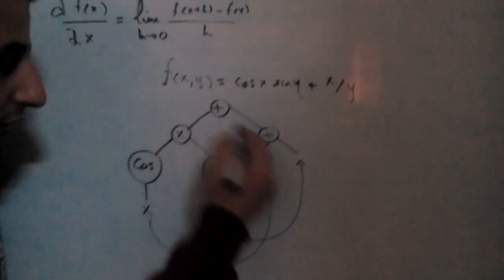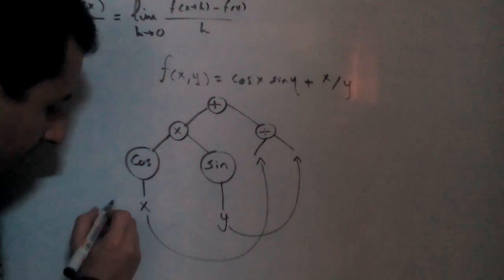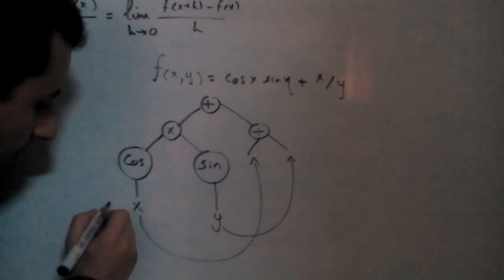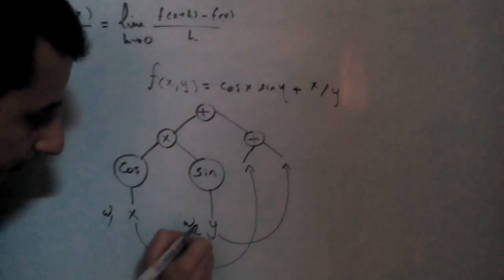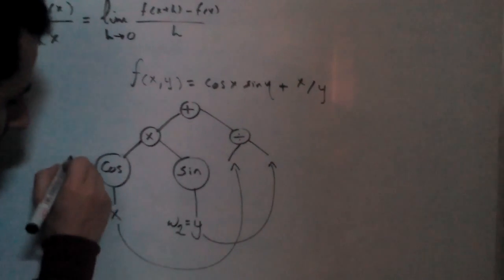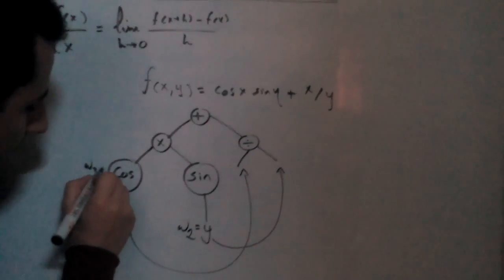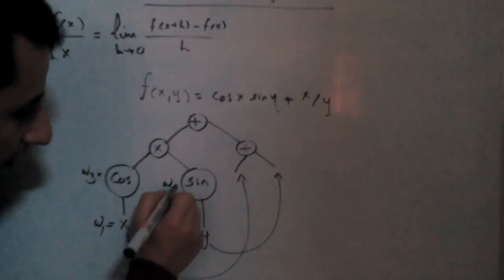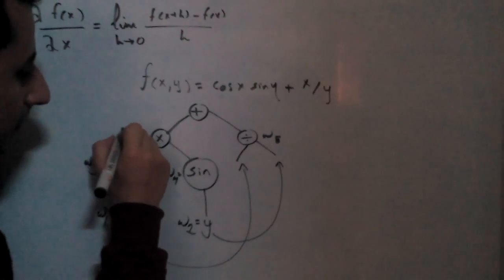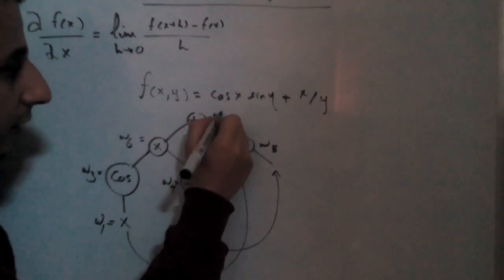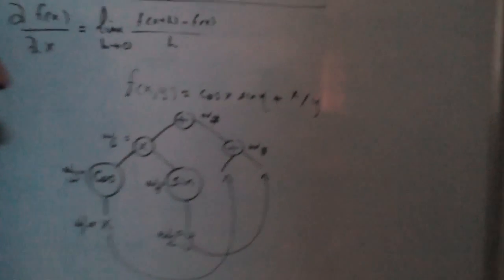So let's give the nodes some symbols to make our life easier. We'll call these omega 1, omega 2, omega 3, omega 4, omega 5, omega 6, and finally omega 7.